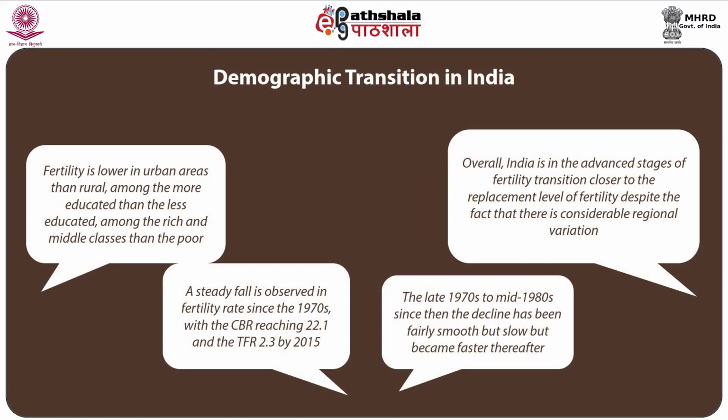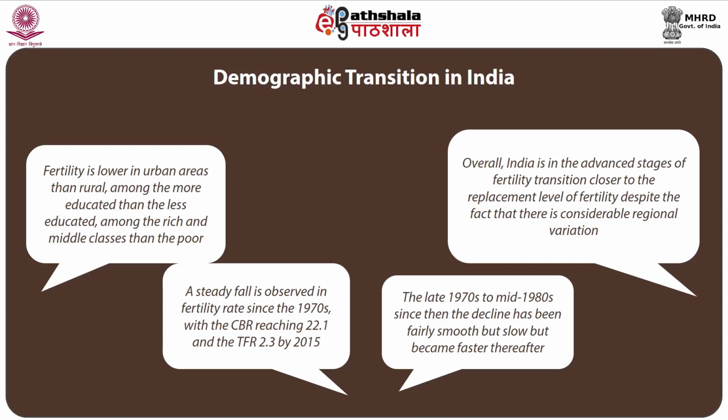The female life expectancy was below male life expectancy during the most part of the last century, but that has also now become favorable to females in recent times. The fertility transition also shows a similar pattern in the sense that the urban areas in India had a lower fertility compared to rural areas, and the educated and the rich had lower fertility compared to the poor.